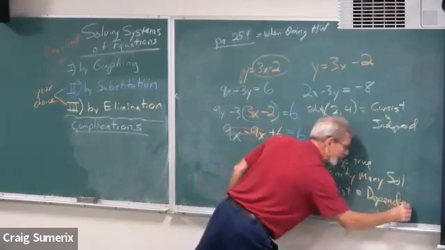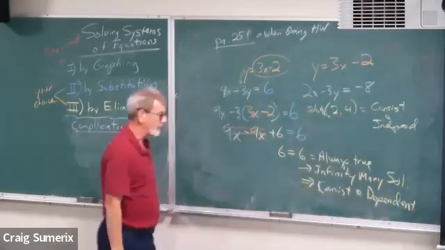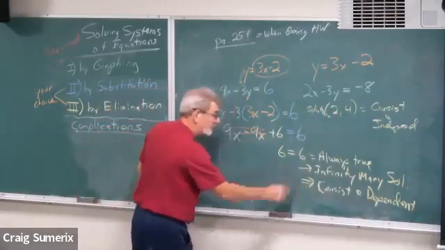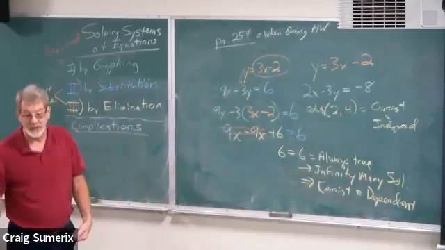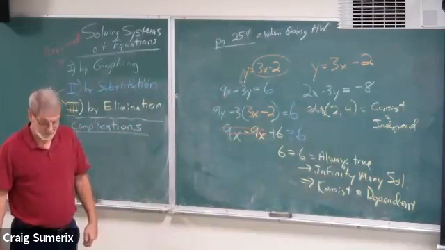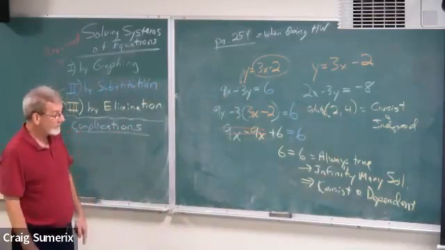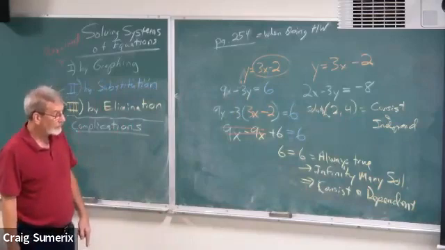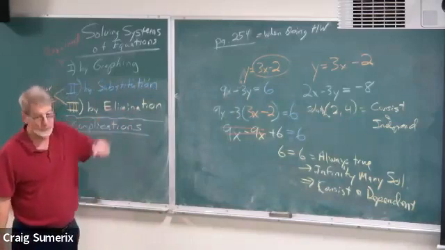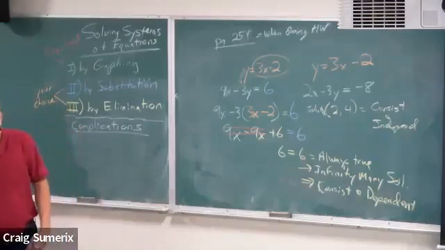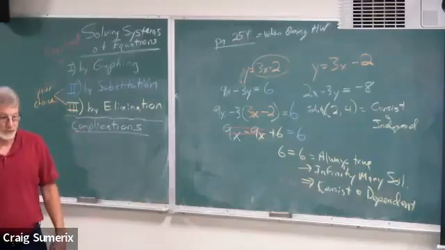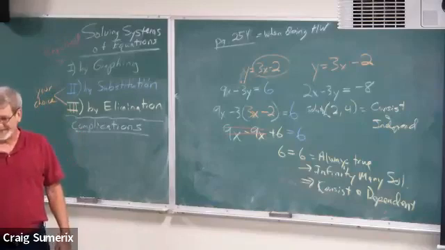And again, I will not ask you the consistent dependent part, but if it's infinitely many solutions on your test, I will expect you to tell me infinitely many solutions. And yes, half of you, one of the forms on your test is going to be no solution, and the other form is going to be infinitely many solutions. Which one you're going to have, no idea till you get there.